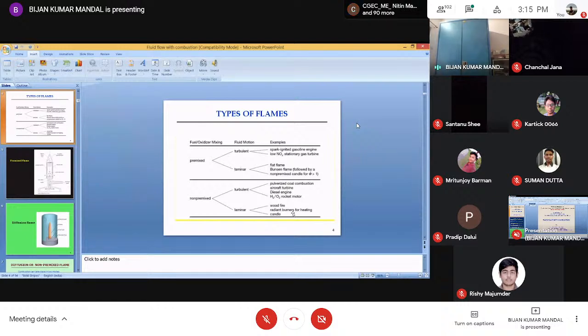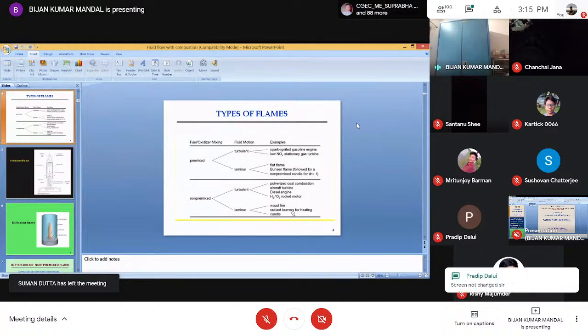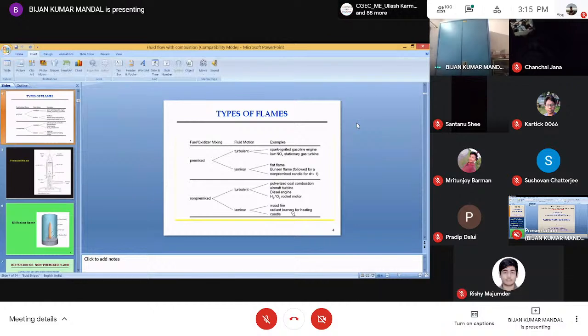The premix flame means that before combustion we need both fuel and oxidizer. If they are mixed previously, before entering the combustion chamber, then we call it the premix flame, and that happens in the case of an SI engine. Normally it is mixed in the carburetor, although nowadays the carburetor is very obsolete. So they are mixed beforehand, and in the combustion chamber the mixing is not important, only the chemical reactions, the chemical kinetics, are important.